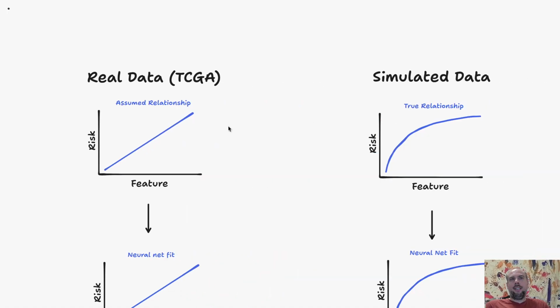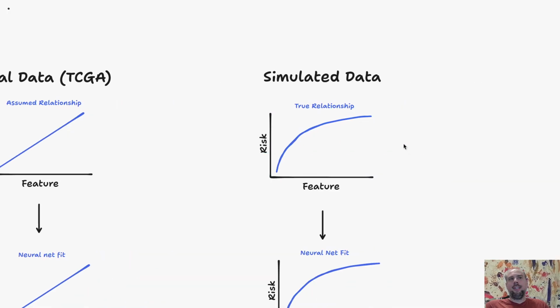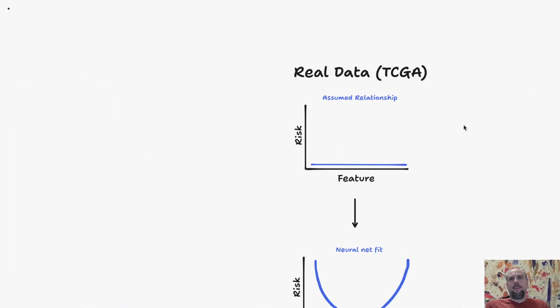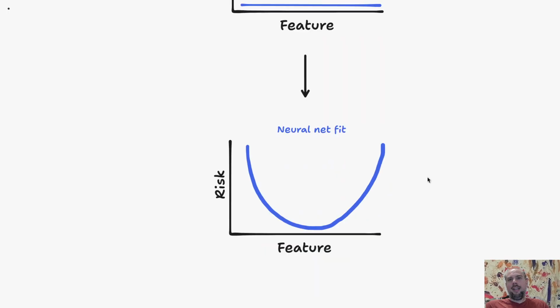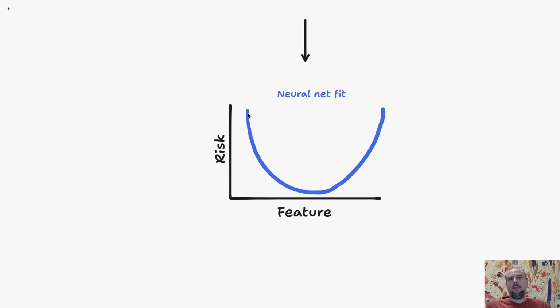And actually, the difference between a straight line and this curve is also not too interesting. What you're really looking for is you want to see no relationship in the real data. And then when you fit a neural net, you want to see a very strong relationship like this.